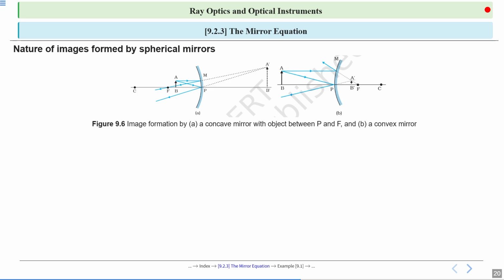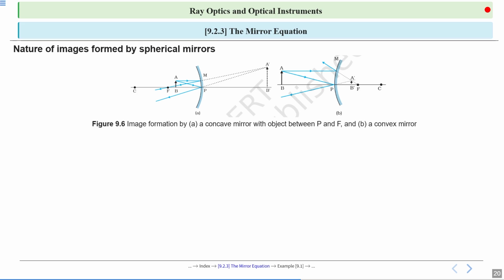You can see that in a headlight there is a reflecting background, which is somewhat curved. It is not straight, so it is formed in the form of a concave mirror. The bulb is placed at the focus of that concave mirror.